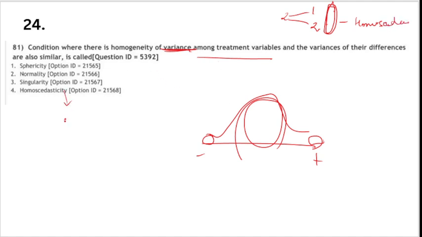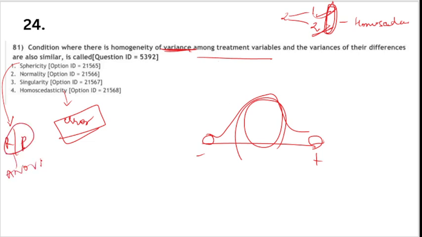Homoscedasticity means the errors would also be constant. If there is going to be an error, it would be the same in both the cases. And it can also be sphericity, because it can also be a repeated measures design, and in repeated measures ANOVA, it showcases that the variance of both levels are going to be the same.